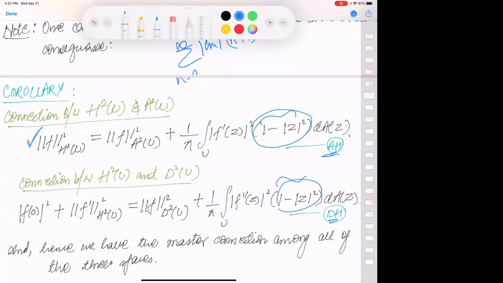I was studying an article online, and I got to know about one more space called the Bloch space. I think I said this name correctly, maybe Bloch.